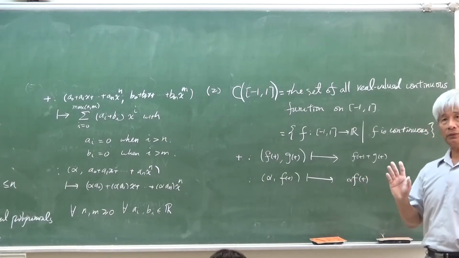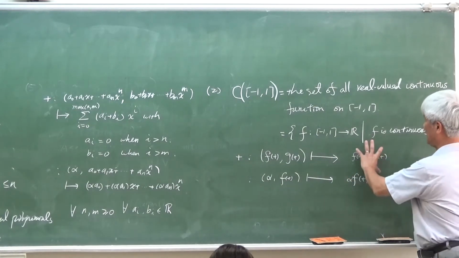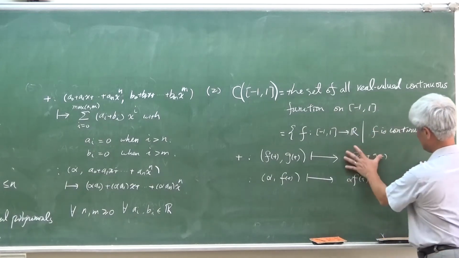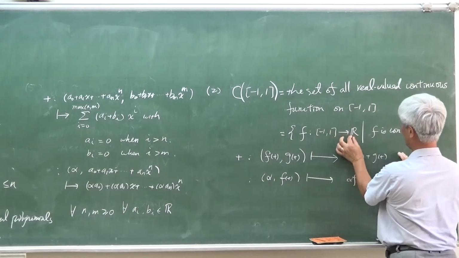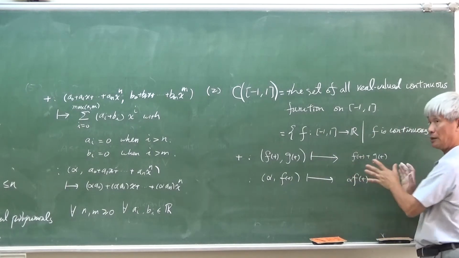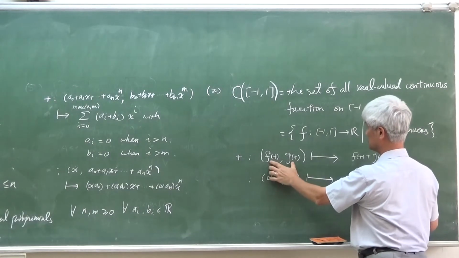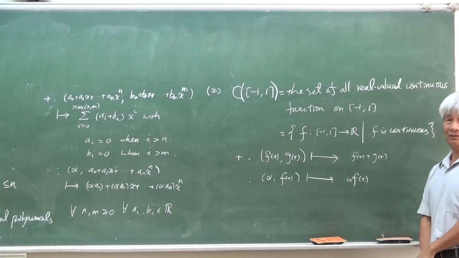But the point is that by definition, this is a function from this interval to R. But the question is, if I have two continuous functions, is the sum of these two continuous functions still continuous?